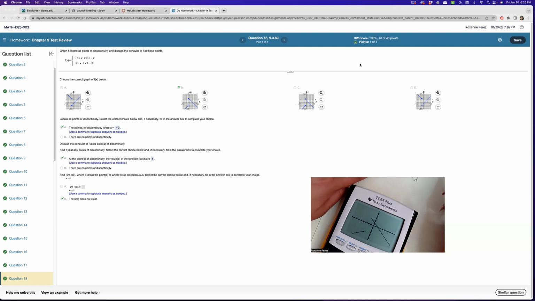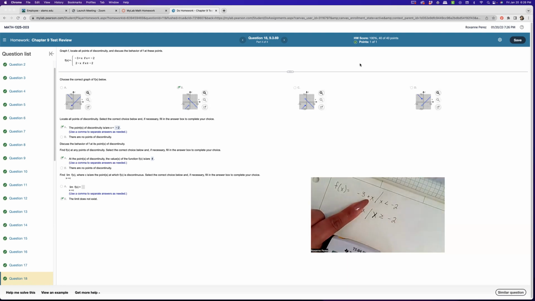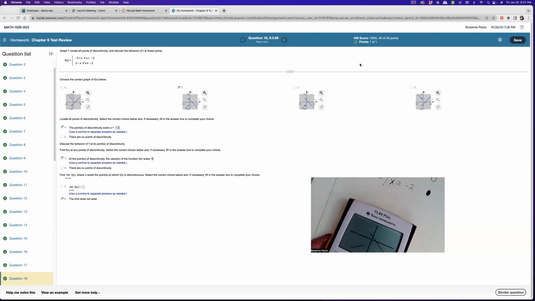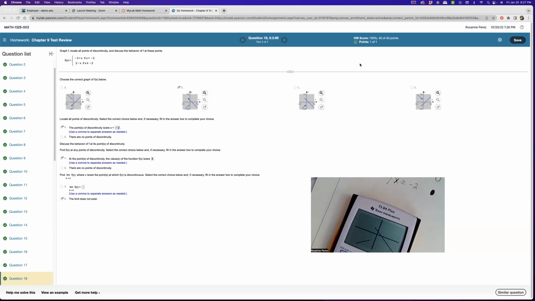And here, this is a less than inequality, right? So this would have an open circle at the end of your graph. And this one, it's a greater than or equal to, so it's going to have a closed circle at the end of your graph.